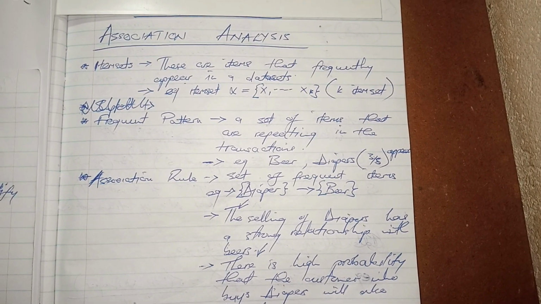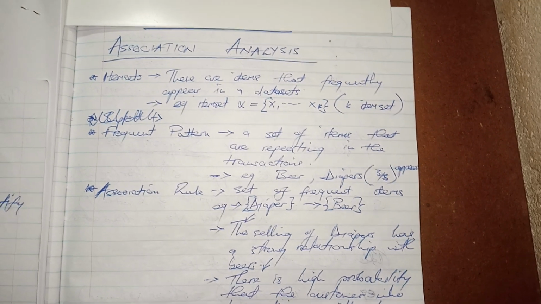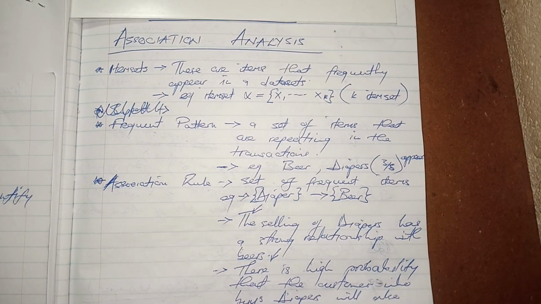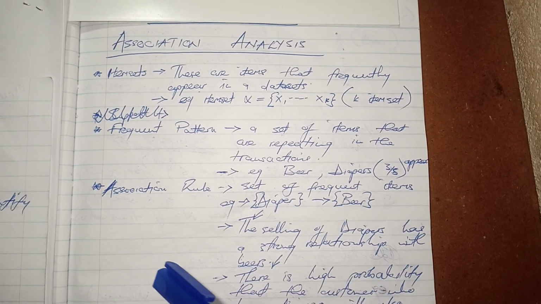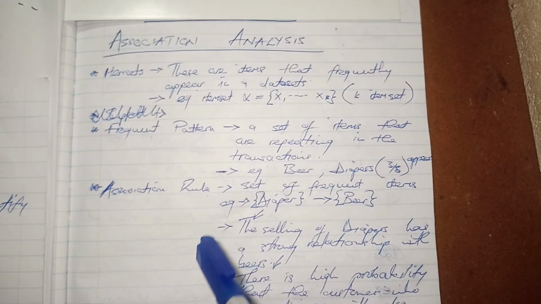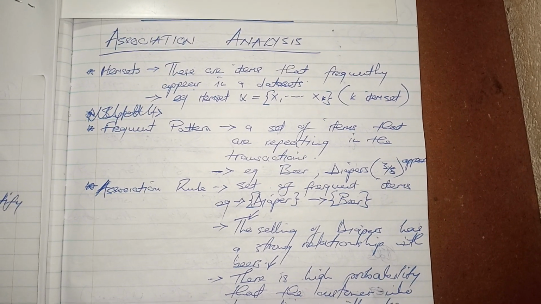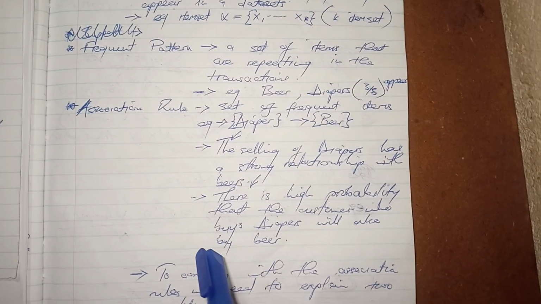These are sets of items that repeat in the transactions. The goods found in a number of trolleys in a supermarket end up being frequent patterns. Let's go on to association rules.